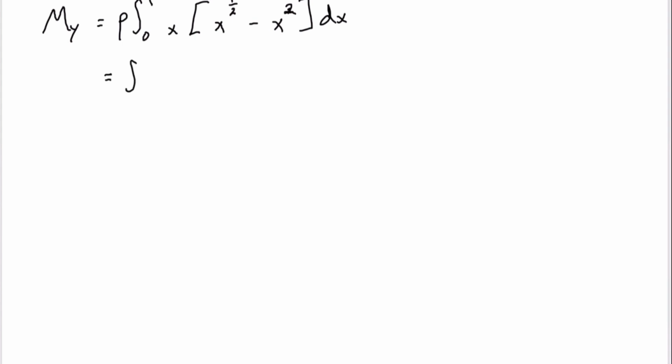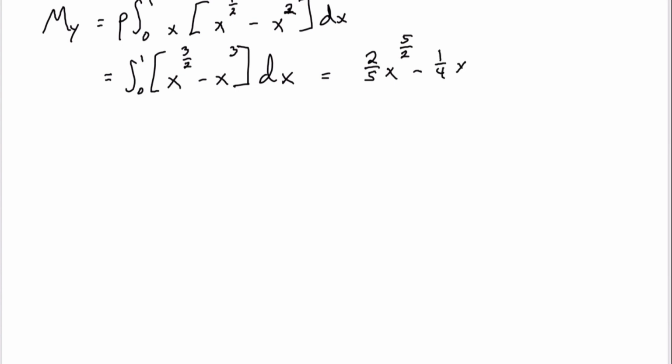We'll just drop that for now. We'll distribute the x. We get x to the 3/2 minus x cubed. Integrating, we get 2/5 x to the 5/2 minus 1/4 x to the 4th. And we are integrating from 0 to 1.